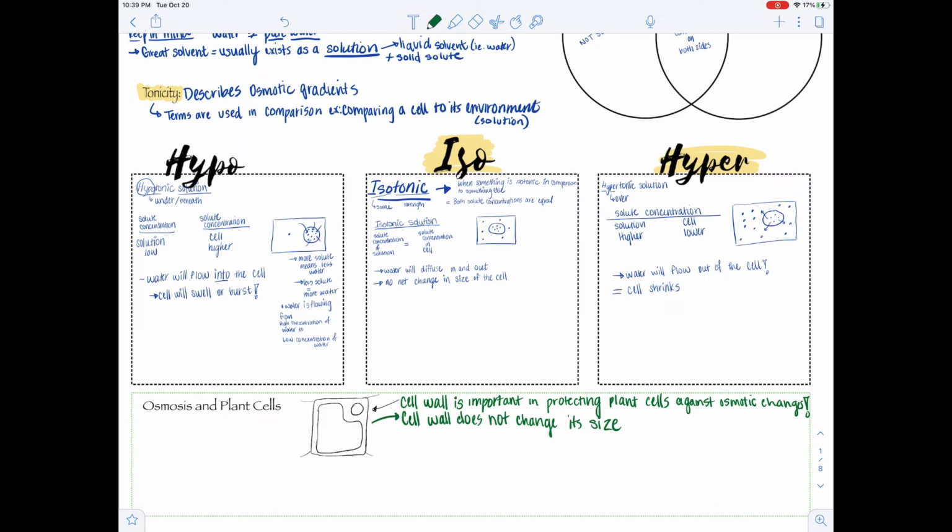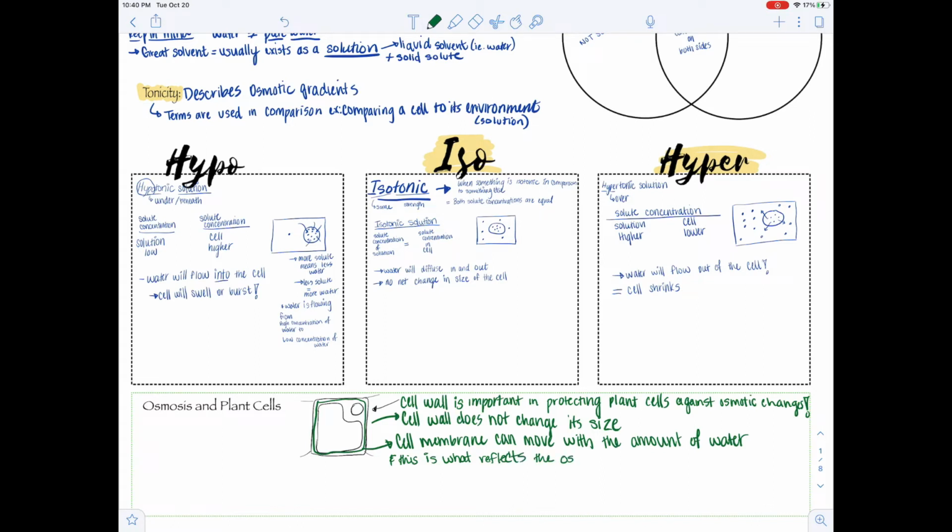Now, plant cells do have cell membranes. So when we have osmotic changes, those membranes are going to change. So those membranes will move either away from the cell wall or push up against the cell wall, depending on what's happening with the water, if the water's coming in or if the water is moving out. So cell membranes are going to be the ones that will move with the amount of water in plant cells.